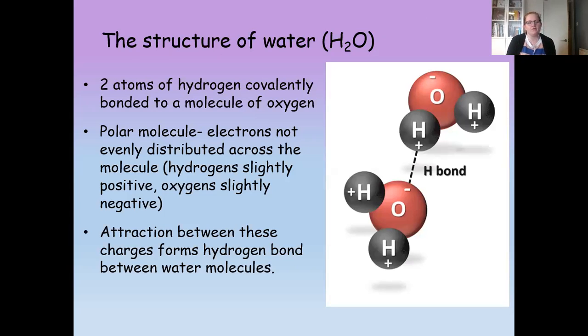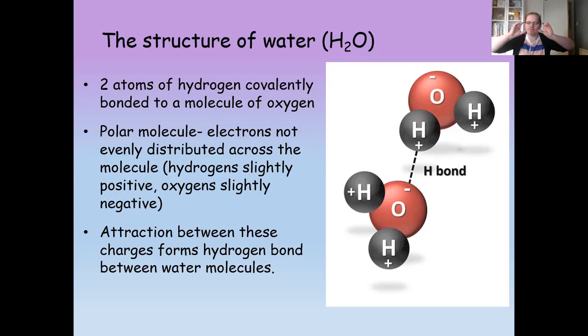This often occurs during covalent bonding. So our hydrogen atoms are slightly positive because we have fewer electrons around our hydrogen areas, and our oxygen is slightly negative. So we have this polarity.